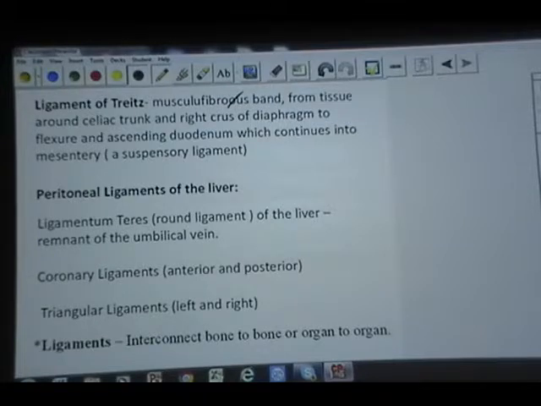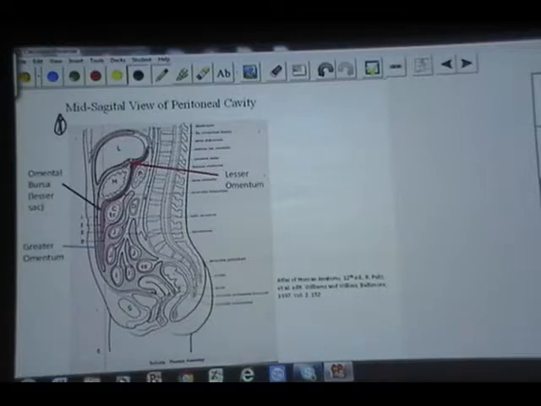But I'm going to go back to that peritoneal slide and show you something in relationship to these ligaments as they are coming to the liver. So here is the diaphragm. And then here is this pleura interconnecting the liver to the diaphragm here and here.